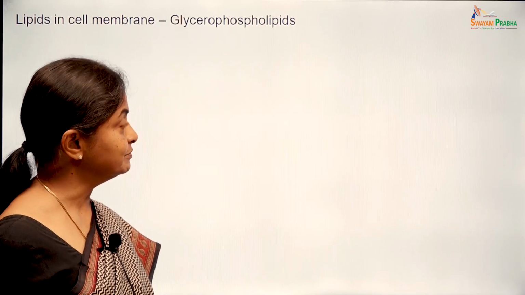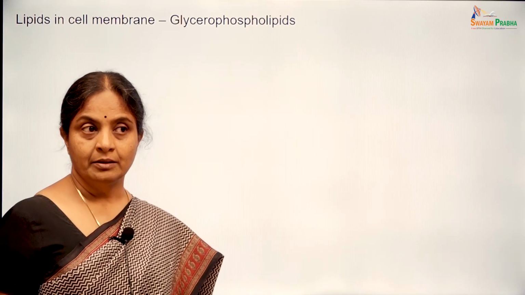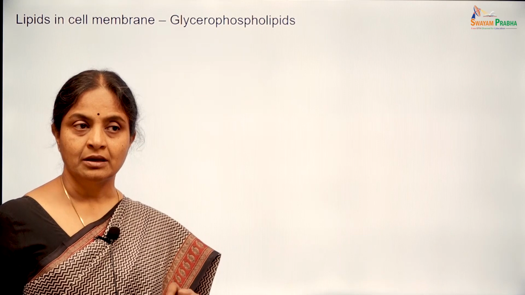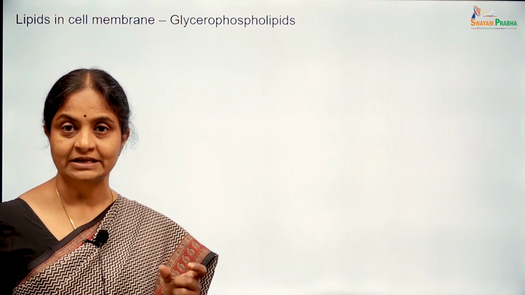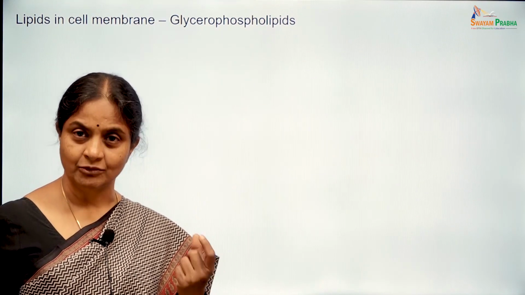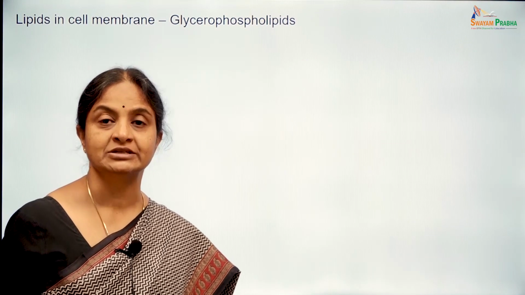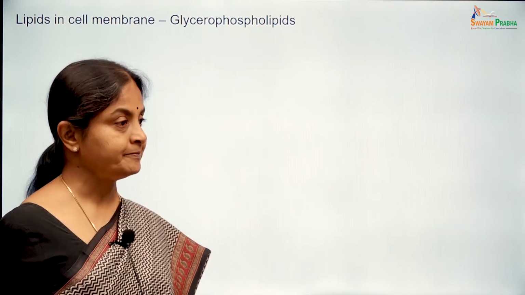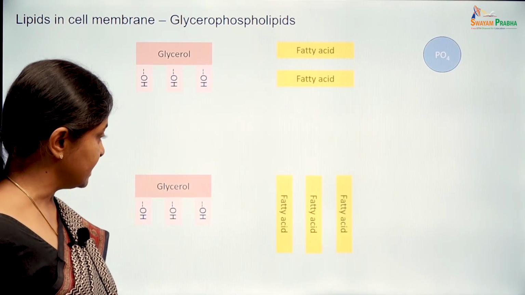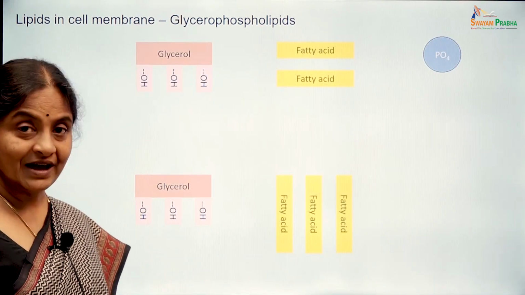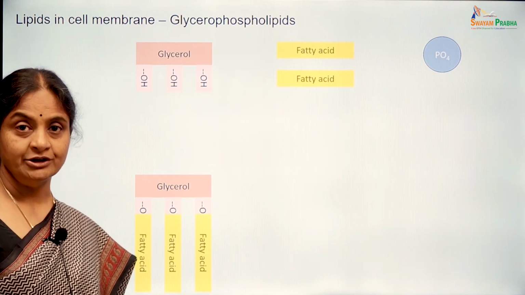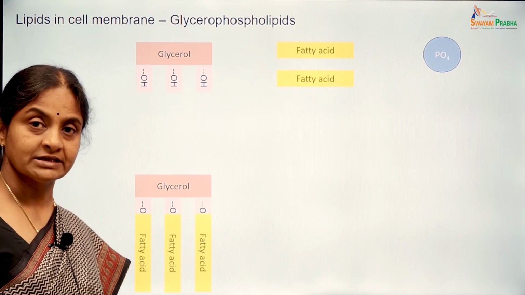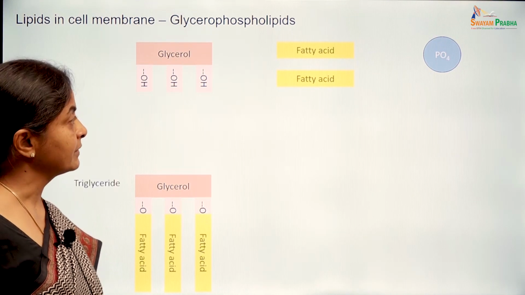Now, how do these three combine? Before that, we can see how a triglyceride molecule is made up, because triglycerides are molecules that we know about better because that's a popular concept of a fat. In a triglyceride, three fatty acids form ester linkages with the three hydroxyls of the glycerol molecule. That is a triglyceride molecule.